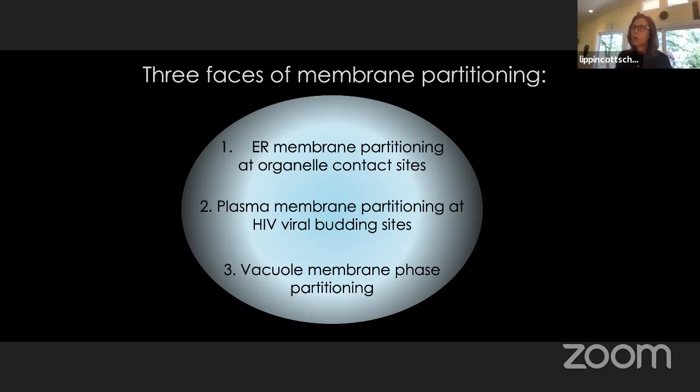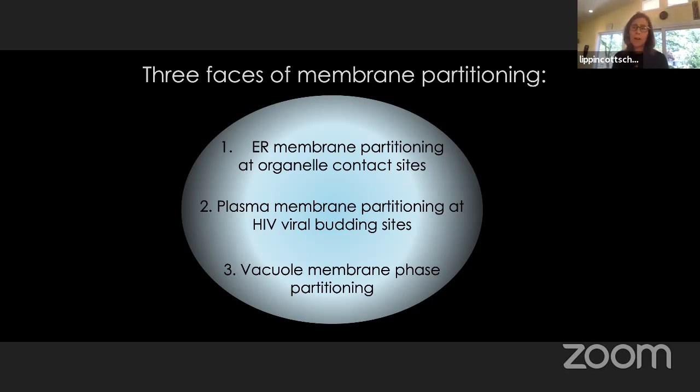I'm going to start with ER membrane partitioning. In particular, what we're seeing is there appears to be segregation of lipids at these organelle contact sites. The ER makes contacts with other organelles. And I'm going to show you some evidence that suggests that there is membrane partitioning at those sites.